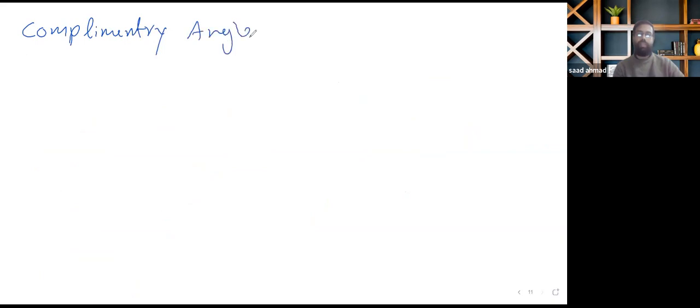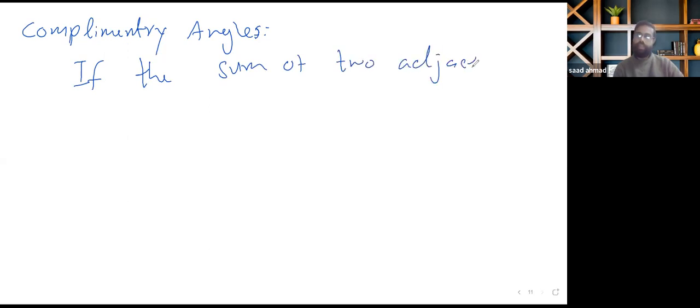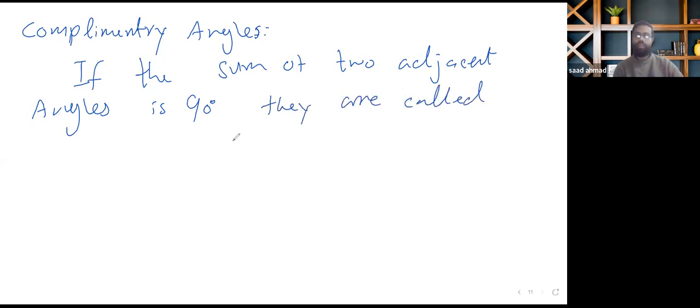Complementary angles: if the sum of two adjacent angles is 90 degrees, they are called complementary angles.